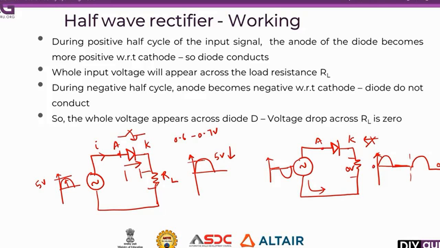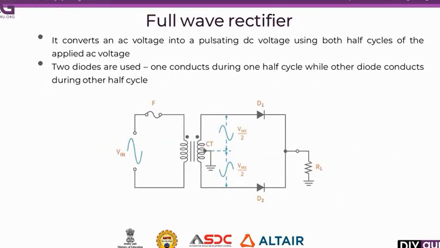Then comes the full wave rectifier. In full wave rectifier we have full wave rectifier with center tapped transformer. See, in a center tapped transformer, this is the primary winding. The secondary winding you will be having three terminals. So this type of transformer is called the center tapped transformer.